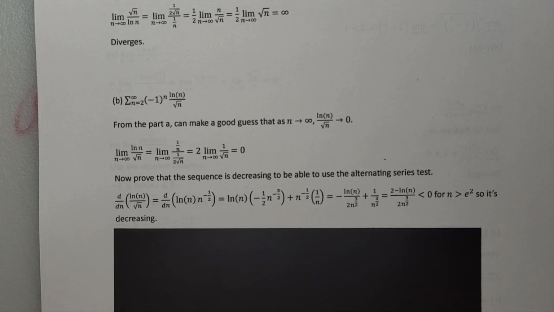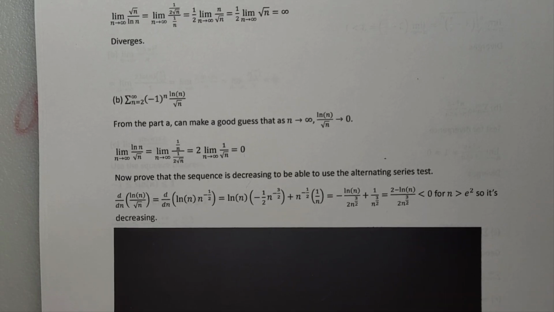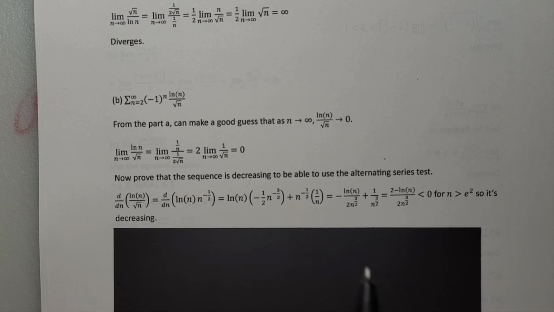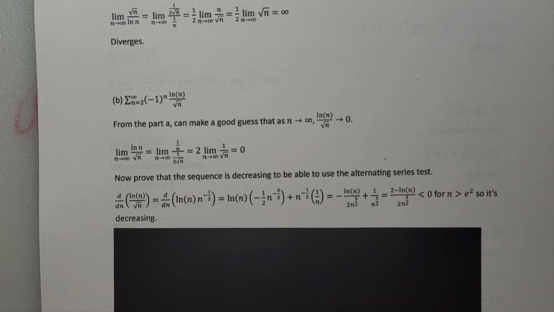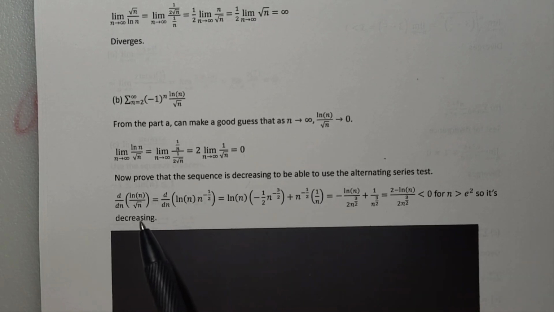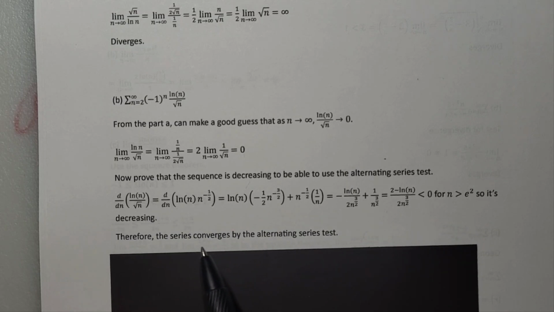But after some point, it's negative, and it's constantly negative all the way until infinity. So my point, once again, is as long as it's negative starting from some finite value all the way to infinity, you're good. So it's decreasing. Now we can use the alternating series test. We proved the two conditions. So the series converges.